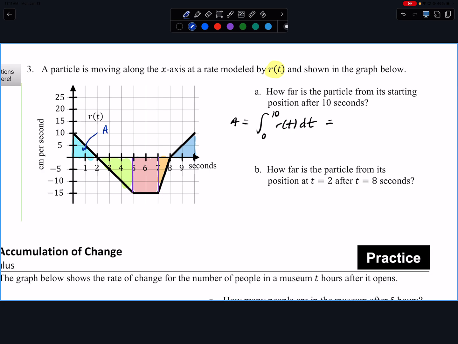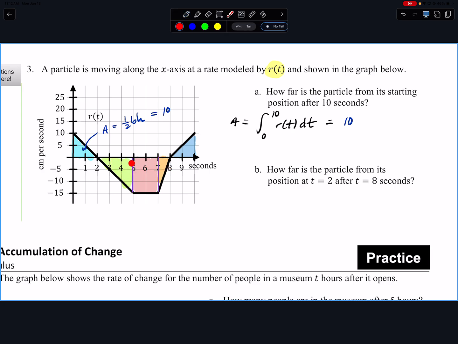Triangle. Area is equal to 1/2 base times height. The base is 2, right? Careful, what's the height? 10. So 10 times 2 is 20. What's half of that? 10. So it's going to be 10. And then all of this is negative. Okay?